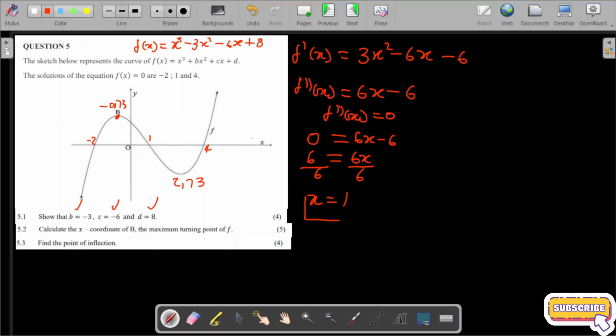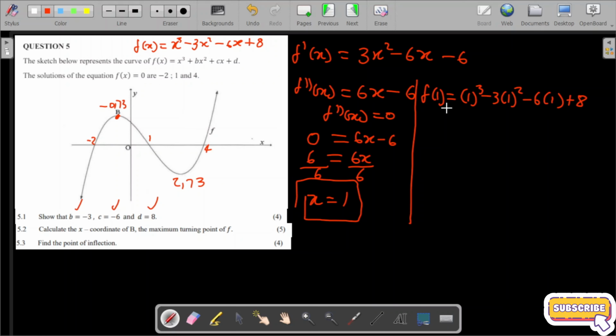And then we take this one and substitute it back into the original function, which is f of 1 is equal to 1 cubed minus 3 times 1 squared minus 6 times 1, and then plus 8. And then you punch your calculator and you get your answer.